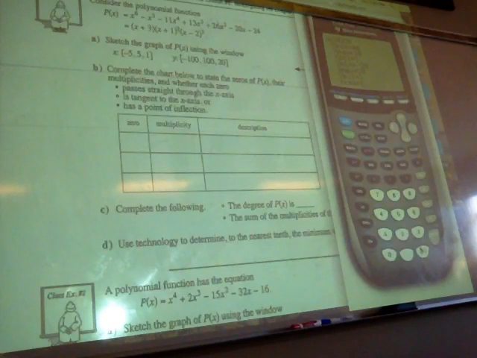We're going to go -5 to 5 with scale of 1, and our y min will be -100. Max will be 100 and our scale is 20. That's a way better picture. Can you guys see your x-intercepts a little better?